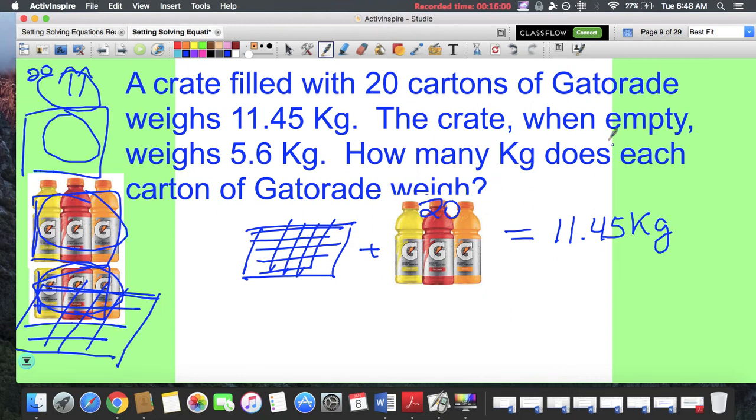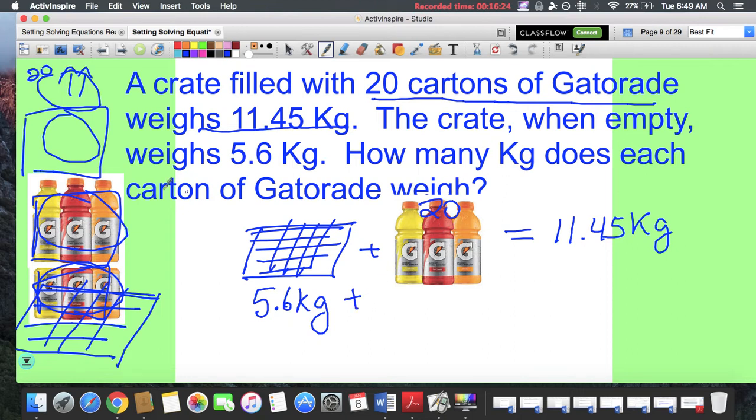So the crate when empty weighs 5.6, so I know that there's 20. That's important. Crate plus 20 boxes of Gatorade, it's 11.45. Now it says the crate when empty, when this is empty, this is 5.6 kilograms.